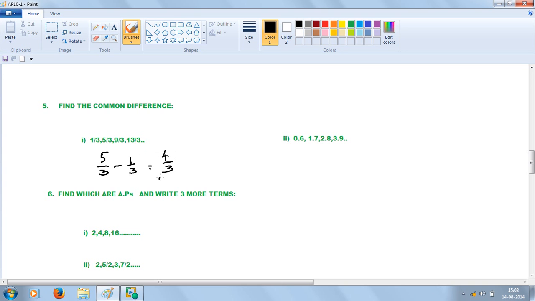So common difference is d. We represent each term, for example, the first term by T1, second term T2, like this, T3, and nth term is Tn. Like when we say Sn, it is the sum of n terms.